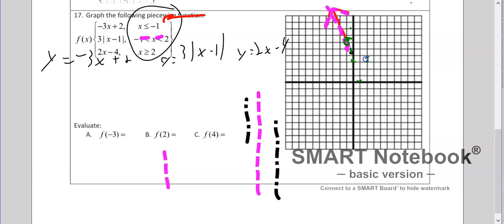Okay, so I also want an open dot here. So it's going to be an open dot here and an open dot there.